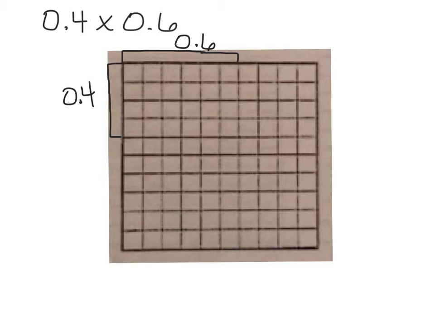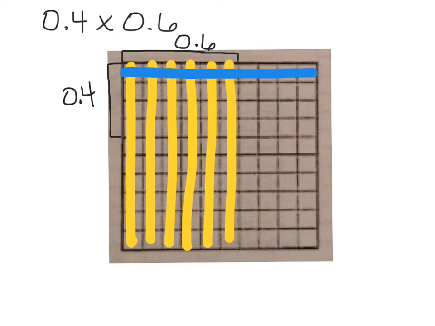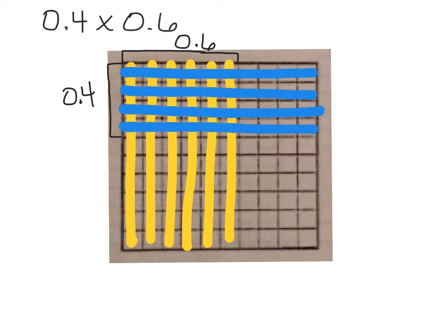Okay, so 6/10, 1, 2, 3, 4, 5, 6. And then 4/10, 1, 2, 3, 4.